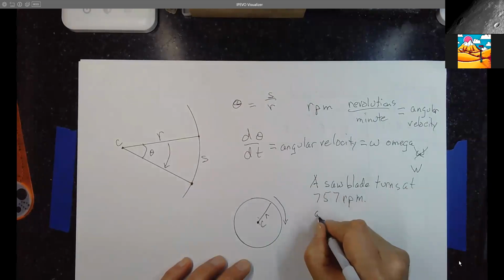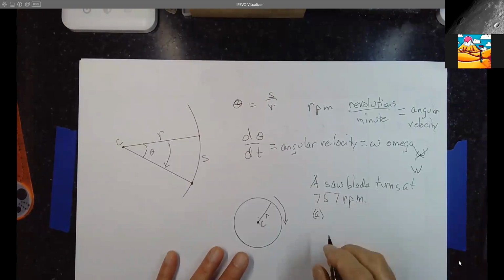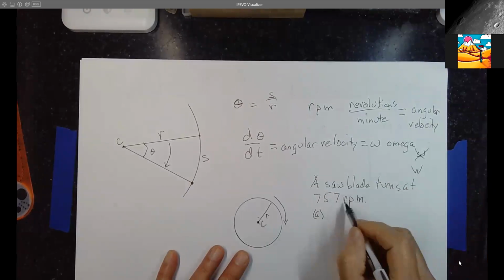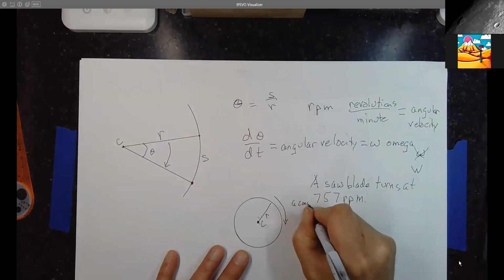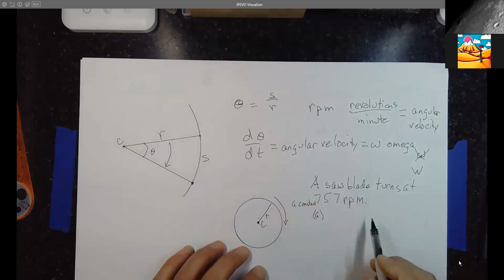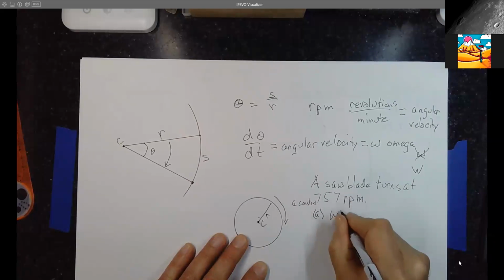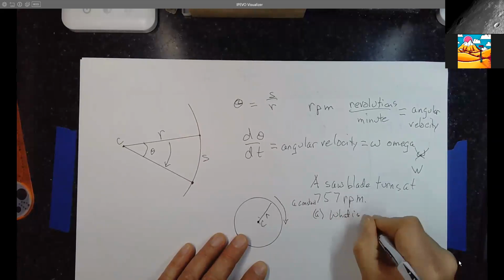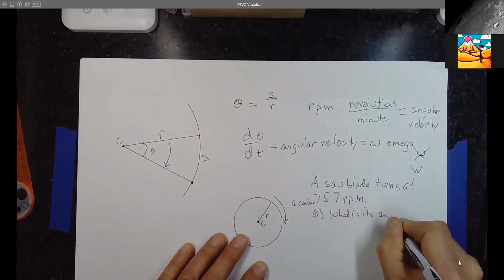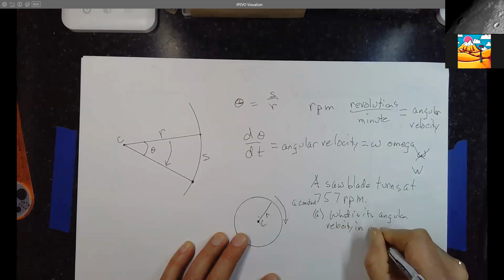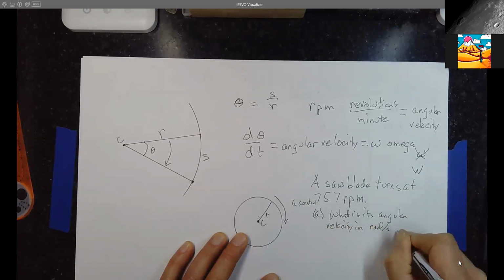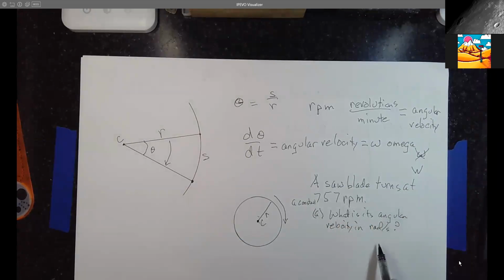We'll ask a couple of questions, and we'll imagine that this is constant. So I'll say a constant 757 RPM. So a question, what is its angular velocity in radians per second? That's just going to be a unit conversion here, so that's not that big a deal.